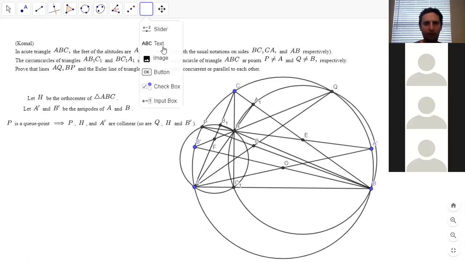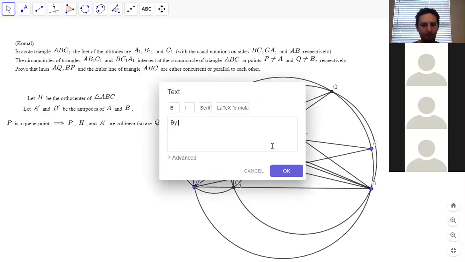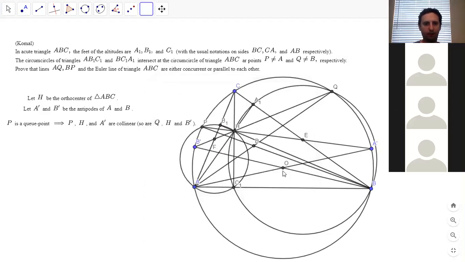So by Pascal's theorem on PBA prime, BA prime Q, I'll just say AQ, BP, and OH concur. All right, let's check out the next problem. But yeah, that was a quick one.